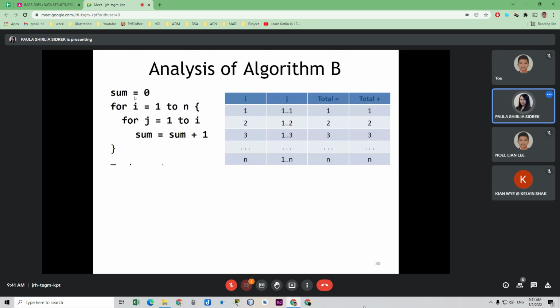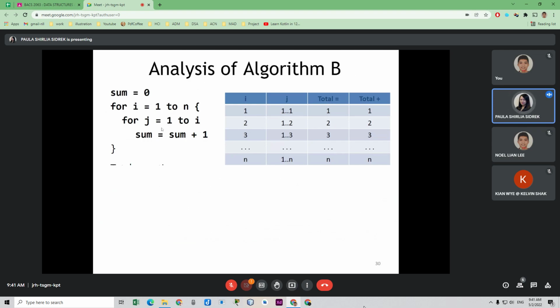Next one is B. Sum equals 0, for I equals 1 to n. For J, this is a loop, J equals 1 to I. And then you compute sum plus 1. Okay. So again, if I is 1, that means j must be between 1 to 1.